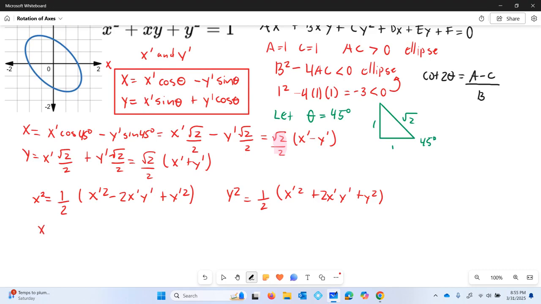So x squared plus y squared is equal to 1/2 times x prime squared minus 2x prime y prime plus y prime squared, plus 1/2 times x prime squared plus 2x prime y prime plus y prime squared.